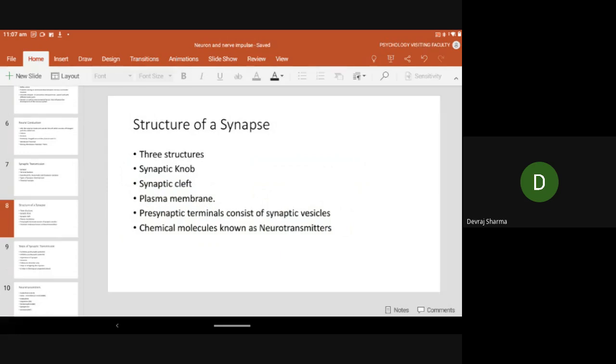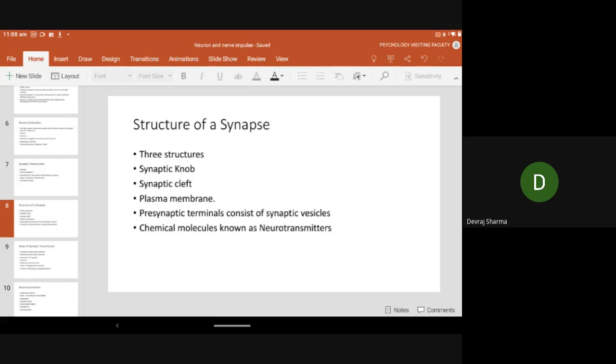So how many structures are there in the synapse? Mainly three, right? The synaptic node, the synaptic cleft, and the plasma membrane of the postsynaptic neuron. Now your question is, what are these synaptic vesicles?